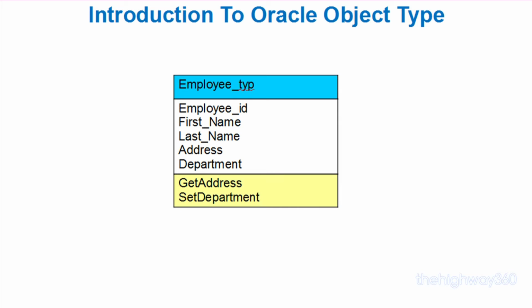This is an example of what an object type would be like. Here I give the name of the object type. These are the attributes and these are the methods. In this case the methods are the function and procedure, and the attributes are basically the fields.